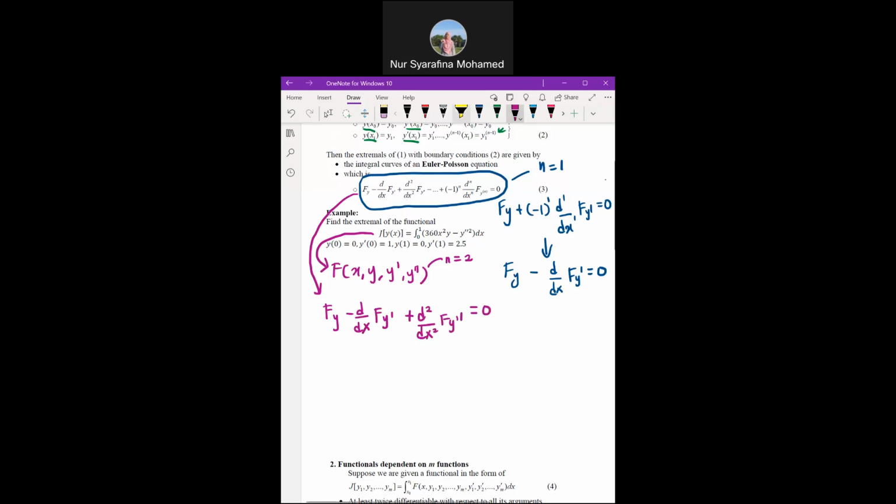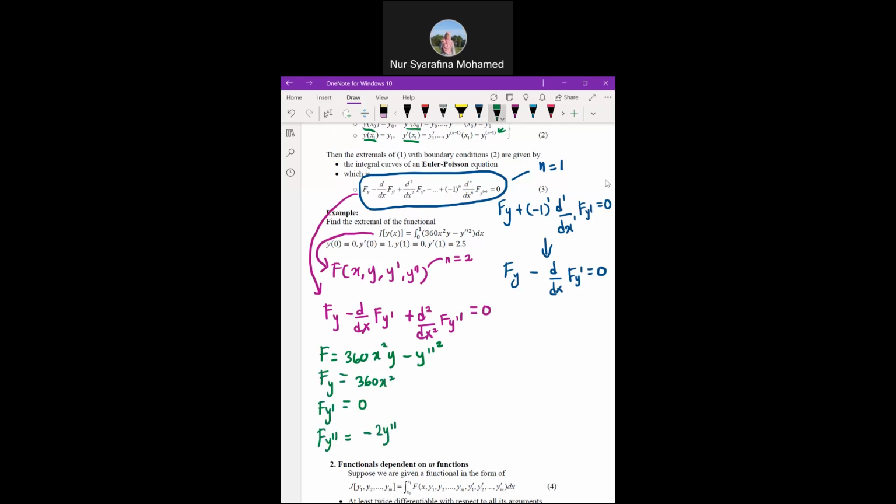Same process. We identify what our f is, where f equals 360 x squared y minus y double prime squared. According to this Euler-Poisson equation, we need to find Fy. Our Fy is 360 x squared, and Fy prime equals 0 since there is no y prime here, and Fy double prime equals minus 2y double prime.